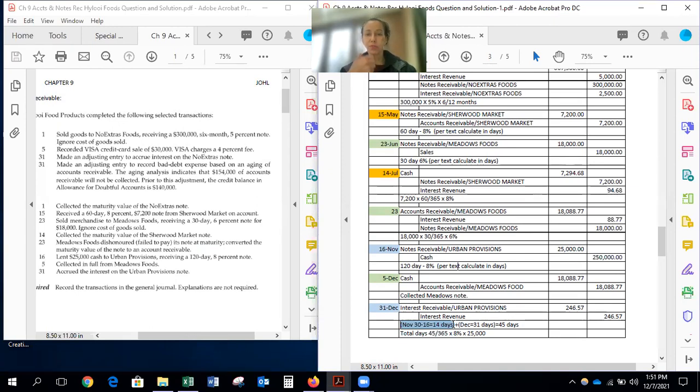So I start counting from 17, 18, 19, 20, all the way up to 30. There's 30 days in November. So 30 minus 16 is 14 days. So 14 days remain in November. And then all of December, which is 31 days. And if I sum those two, I get 45 days. So my calculation is 45 of 365 days times the 8% times the principal. So I'm going to accrue $246.57.